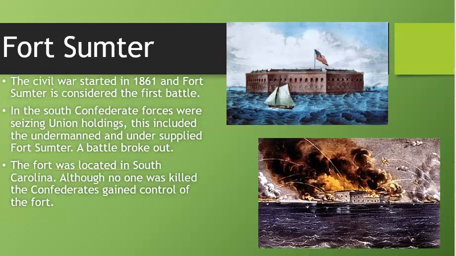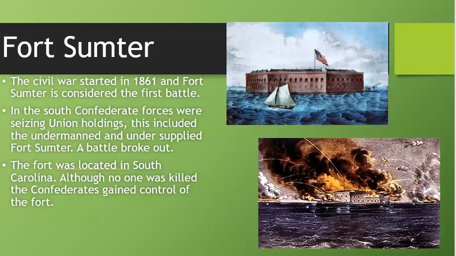The first battle of the Civil War is a battle called Fort Sumter in South Carolina. The big thing to know about this battle is that it happens right after the South secedes, specifically South Carolina. Southern states start seceding, and Confederates begin to seize and capture Union holdings in their states.